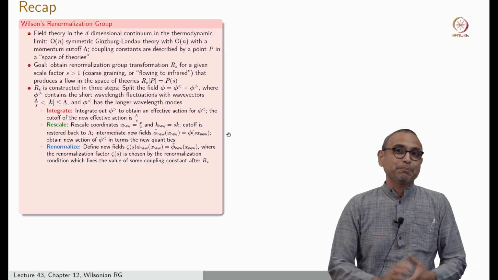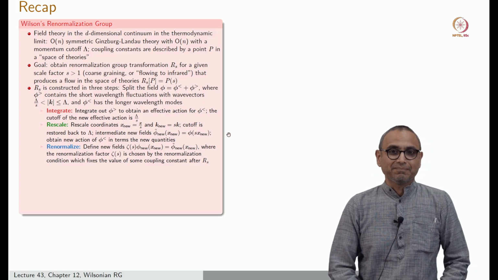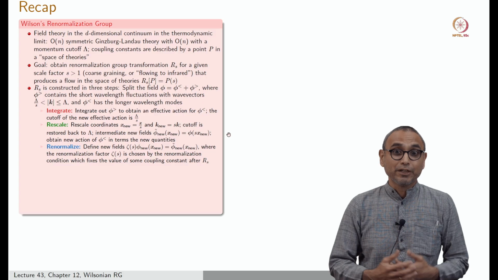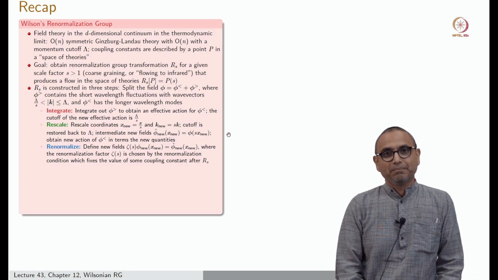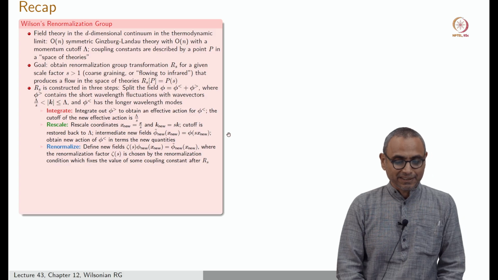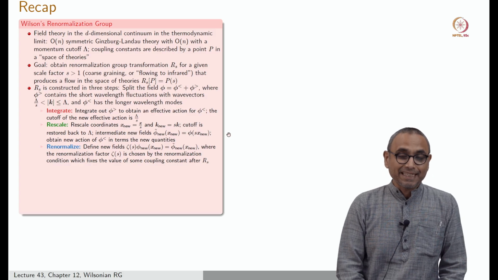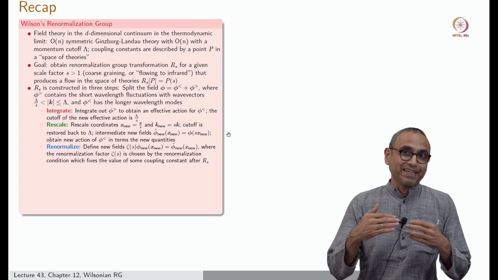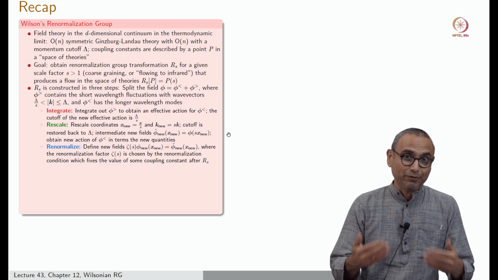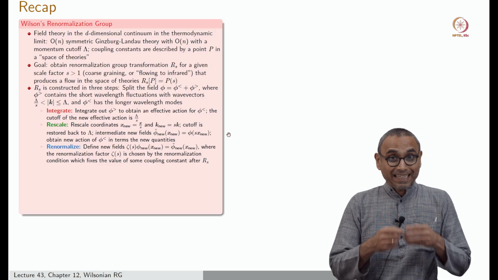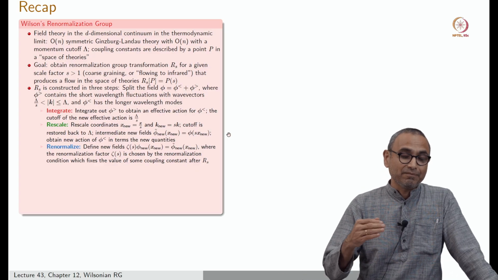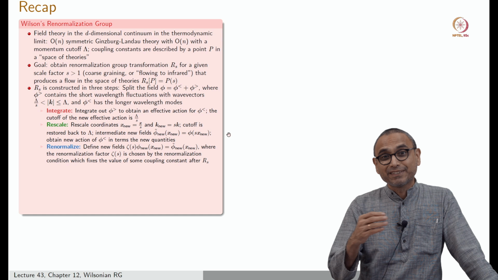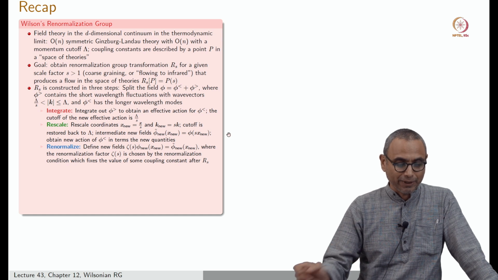And the final step is probably the newest step in the sense that one may not have encountered this in elementary physics courses definitely. So the idea is to try and see whether we can restore back the Hamiltonian to what we started off with, at least for some set of coupling constants, in the sense that we are already in the vicinity of some kind of fixed point.